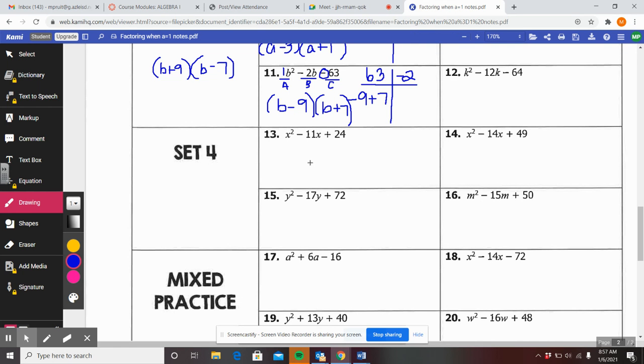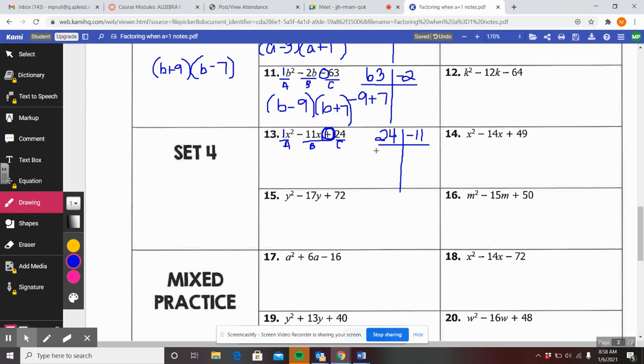Okay, set 4. Last 2 I'm going to do, and I'm going to let you work on your homework. So this is A, B, C. So 1 times 24 is 24. That gives me negative 11. Now, you're adding your factors, okay?